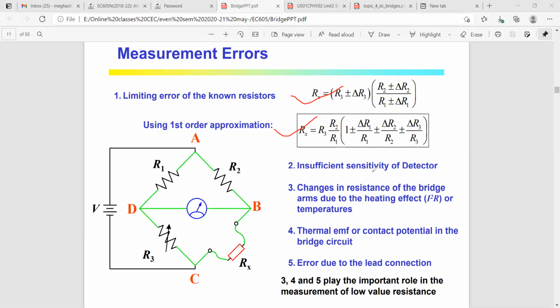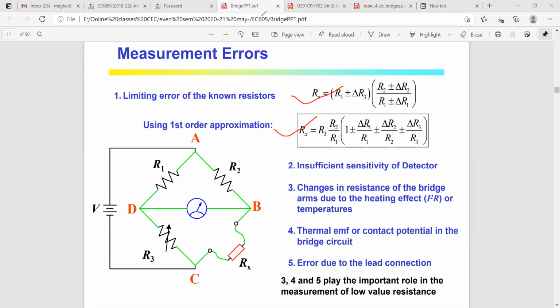So there are many limitations in the Wheatstone bridge. If there are limitations in a device, then we need to go for an advanced device. That we will see later on: what are the advanced devices after the Wheatstone bridge?